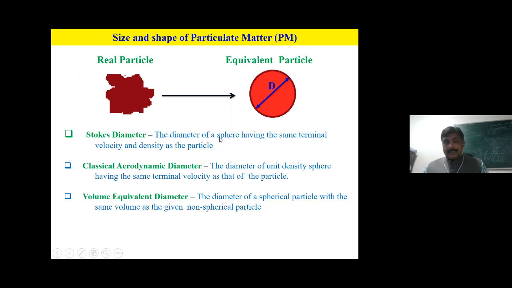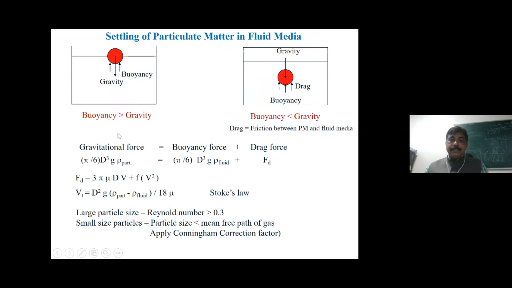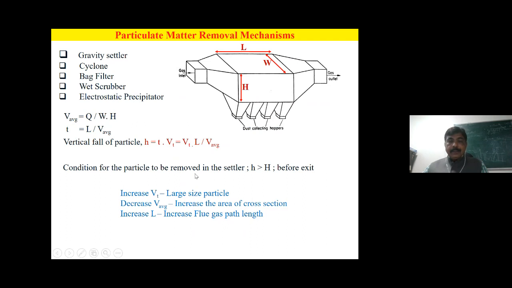All students can refer to any textbook, and they need to study and remember this particular term, Stokes diameter. The diameter of a sphere having the same terminal velocity and density as the particle in question. For this Stokes diameter and terminal velocity, there's a derivation you can pick up from any textbook, nothing big in this.